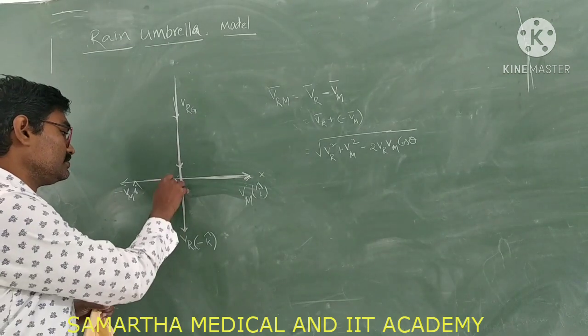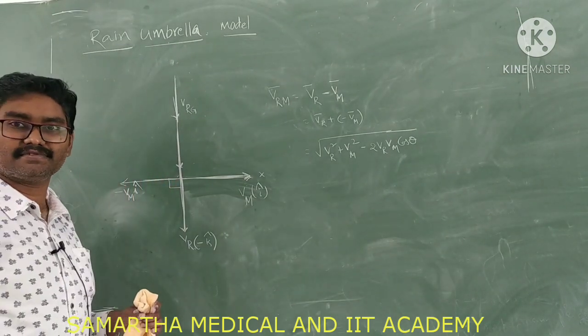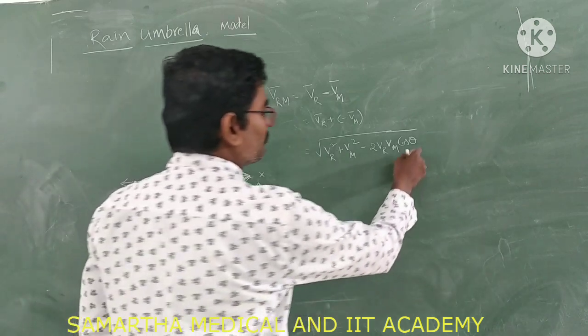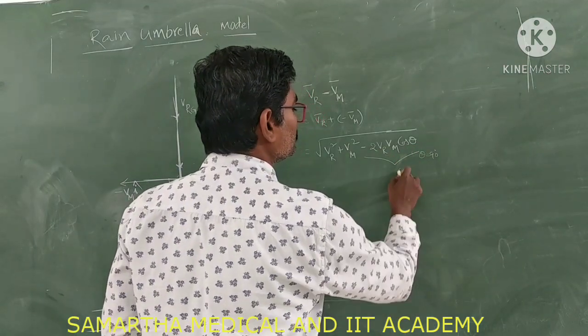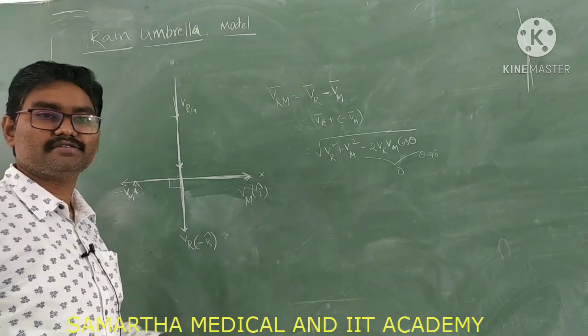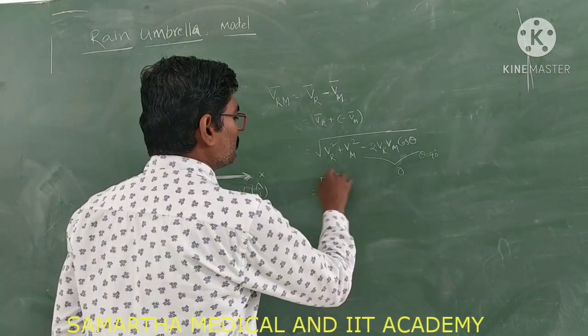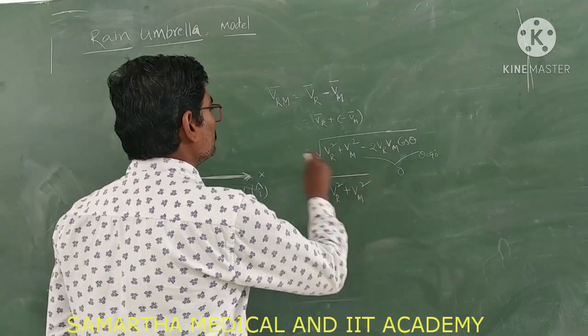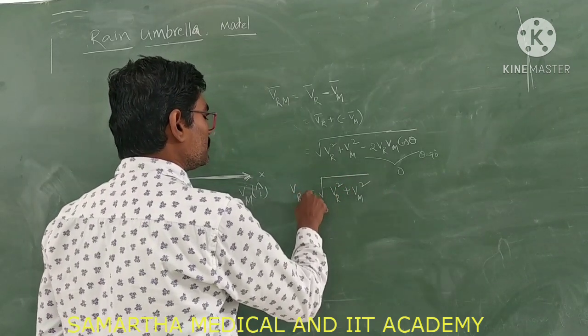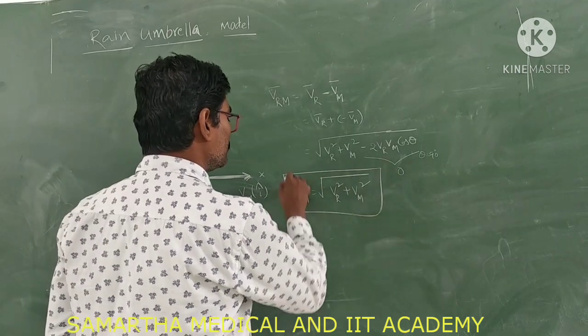What is theta, my dear? 90 degrees. If theta is 90, then what about this value? Zero. What you are getting is root over Vr square plus Vm square. That is the magnitude of the velocity of rain with respect to the man.